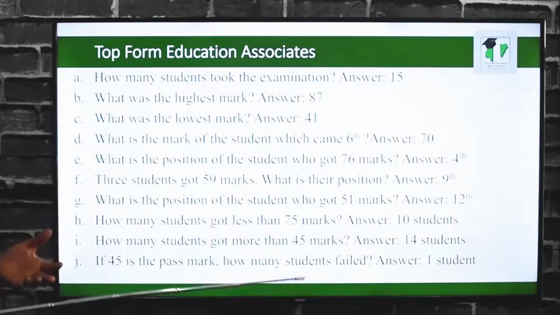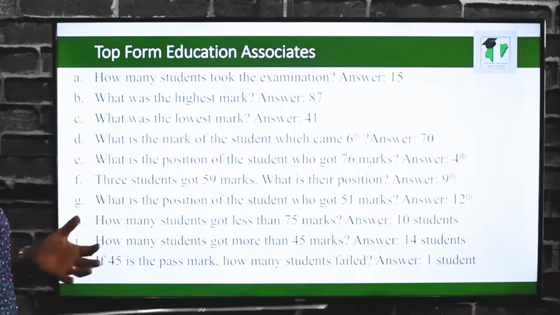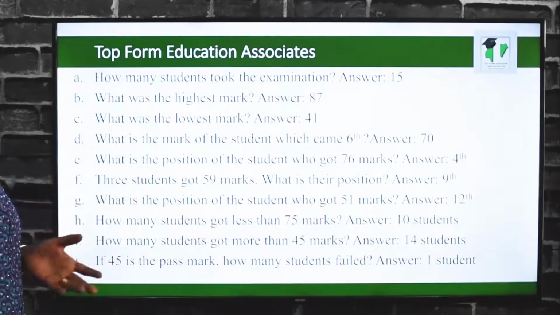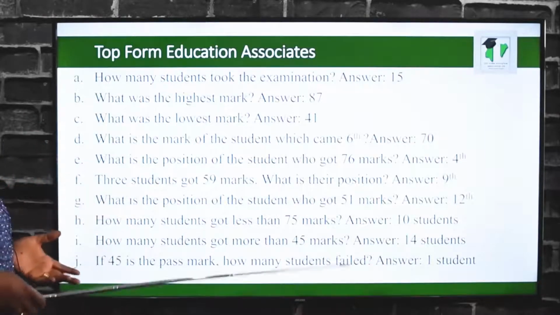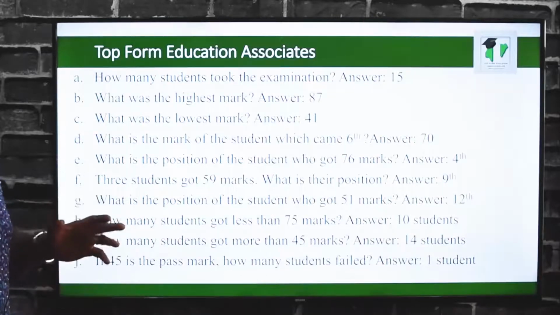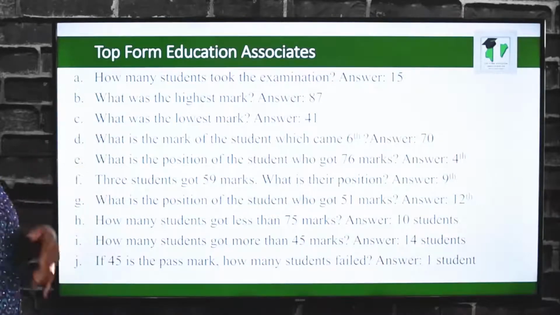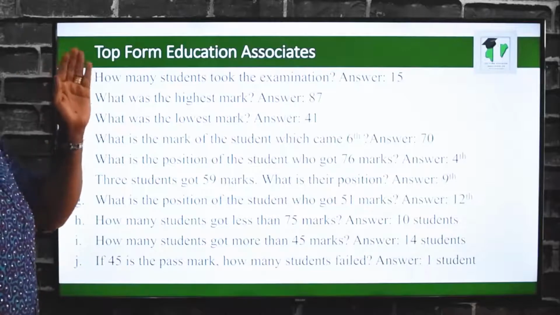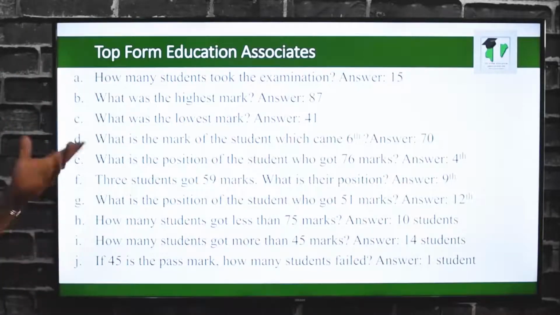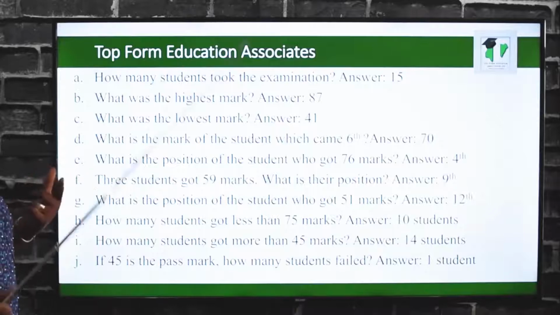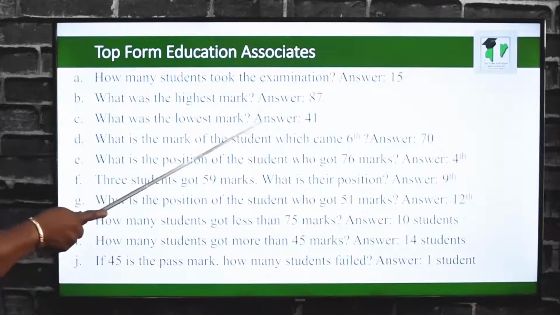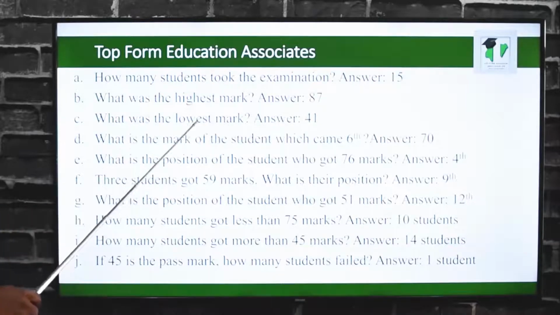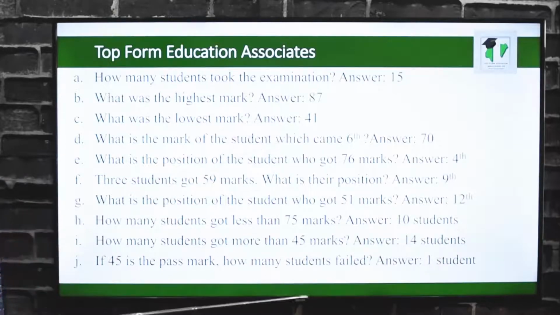Because the data have been presented in rank order list, we just look at the first student, because rank order list must be presented in order of magnitude, either from the highest to the lowest or lowest to the highest, but most often from the highest to the lowest. First student scored 87, so highest mark is 87. What was the lowest mark? The last mark there is 41.